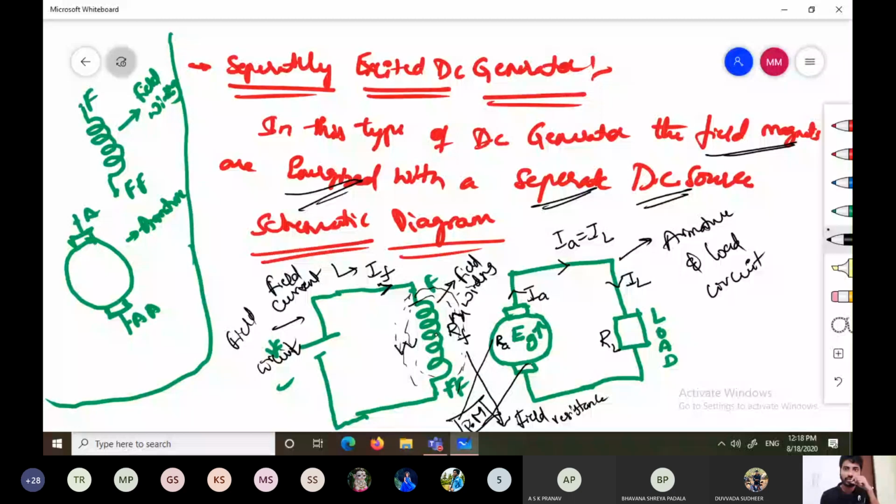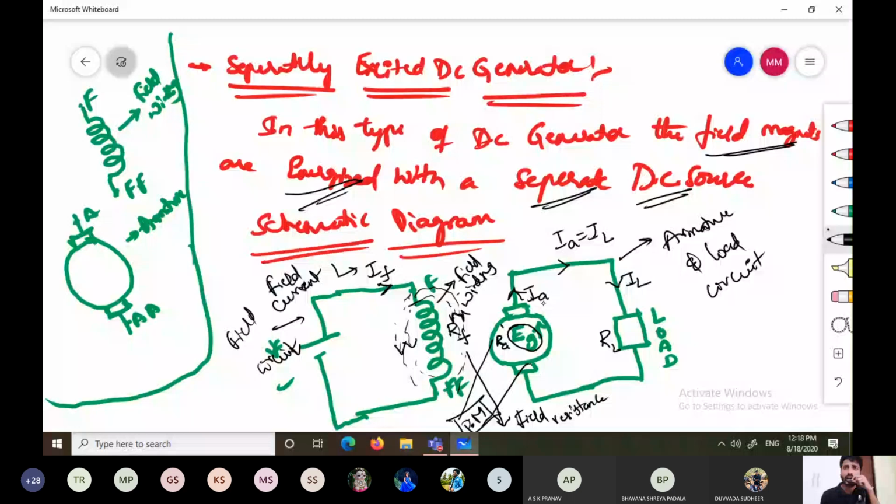As the armature circuit is closed, due to the EMF generated in the armature, current will pass into the load circuit. That current is called the armature current. Here the armature and load are connected in series, so armature current equals load current.